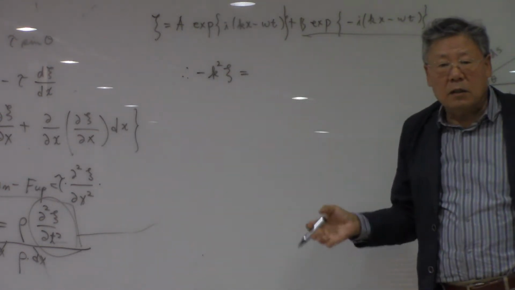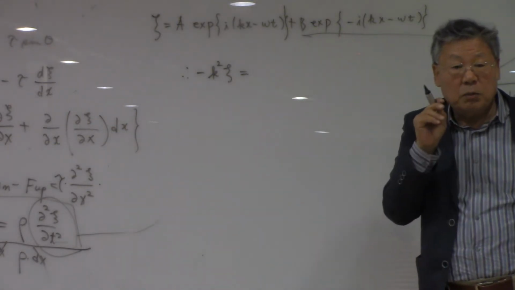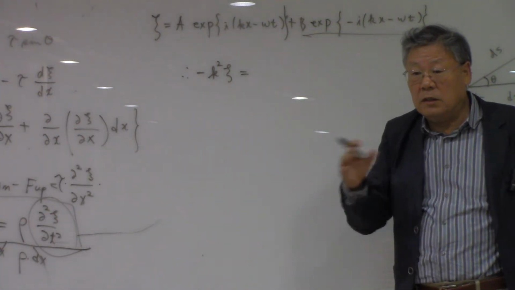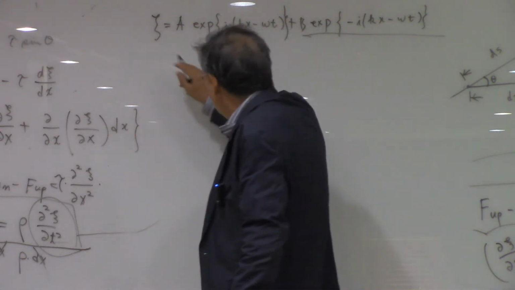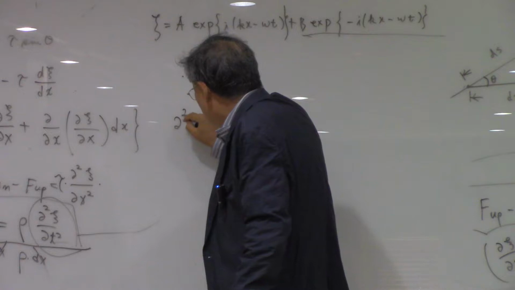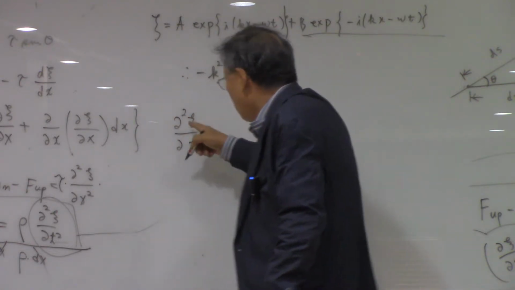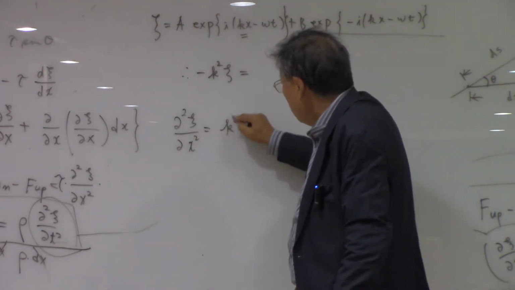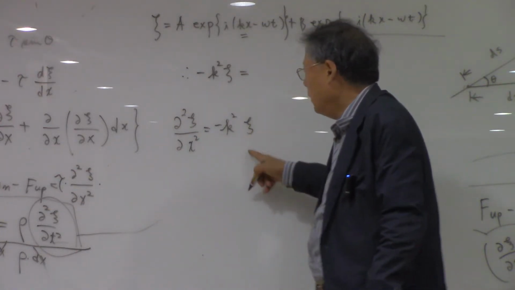Now, what is the characteristic of the exponentials? When you make a derivative of that, the answer is going to be the same. In other words, if you make a second derivative of psi with respect to x, then you end up with minus k squared psi.